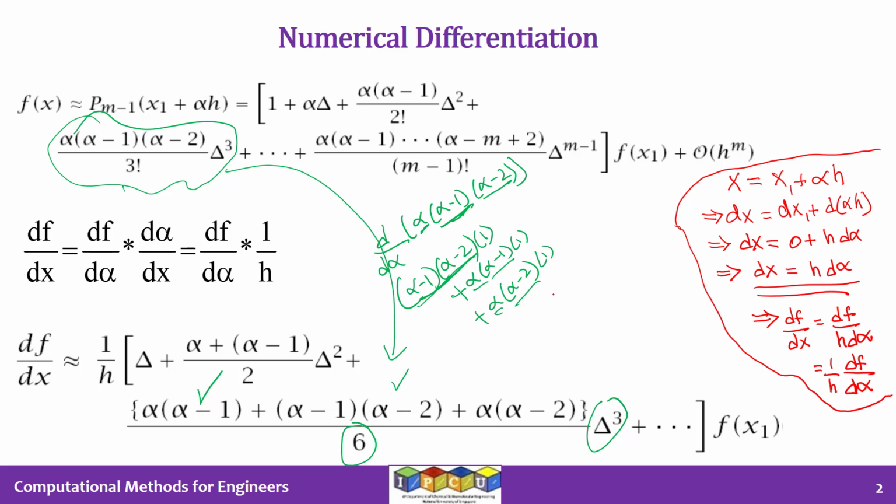I've used the chain rule d by dx of UVW, where U, V, W are functions of x, is going to be UV times dW by dx plus UW times dV by dx plus VW dU by dx. So I've applied this idea to get this result.